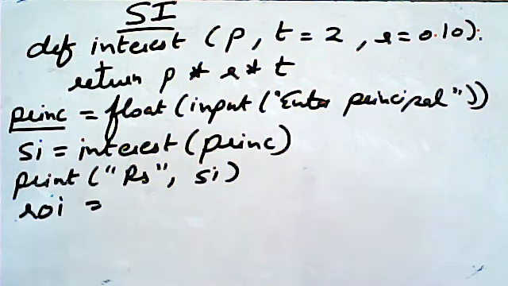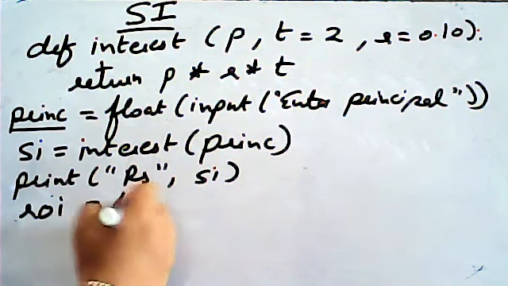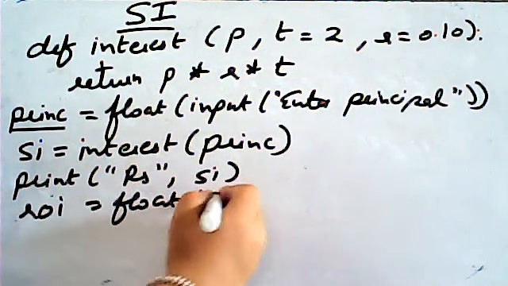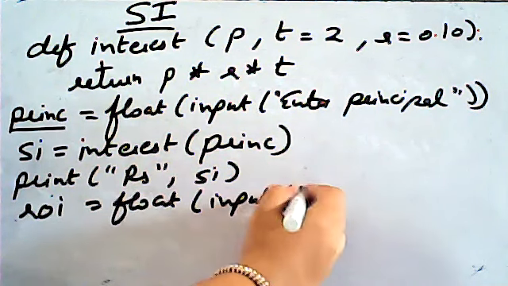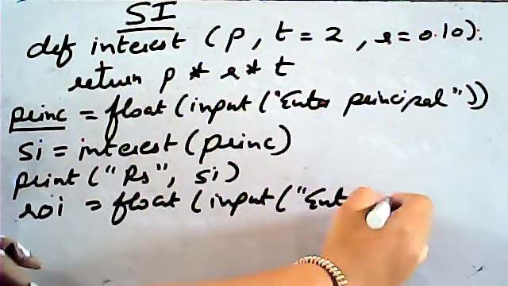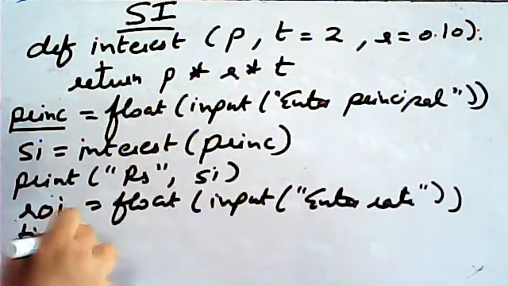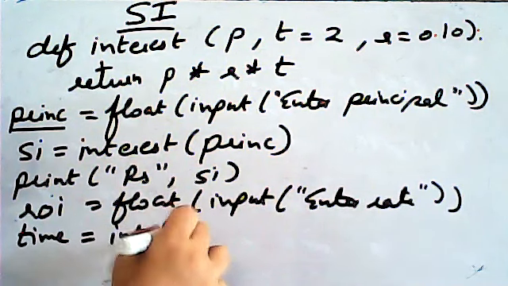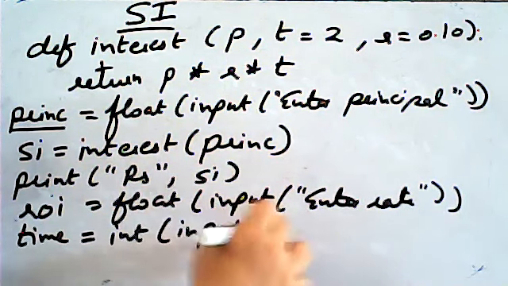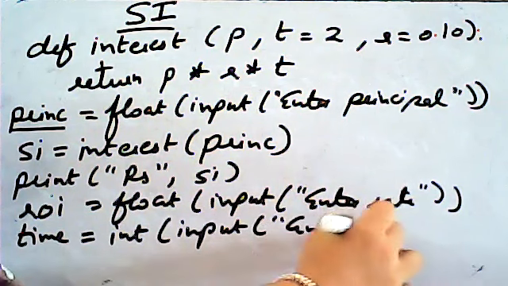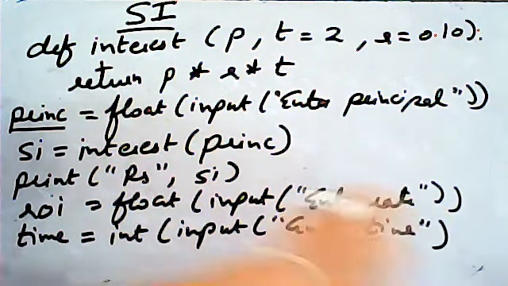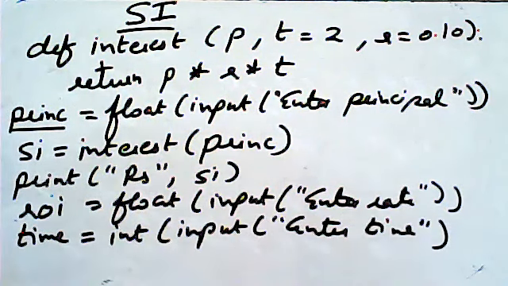ROI is for the rate of interest. That is float input, enter the rate. Then I take the input of time, int input, enter the time. Then I have to calculate only.